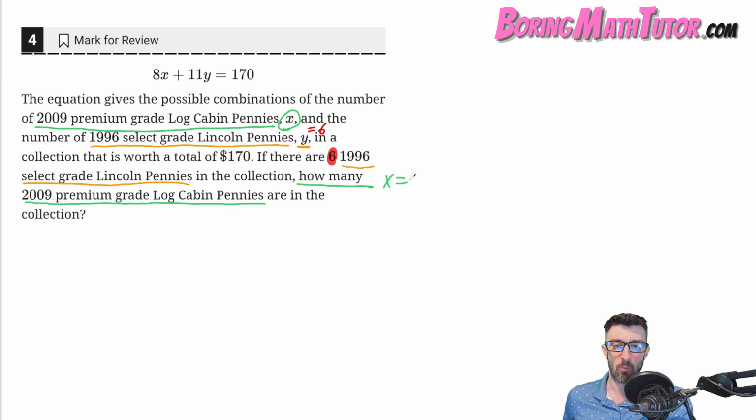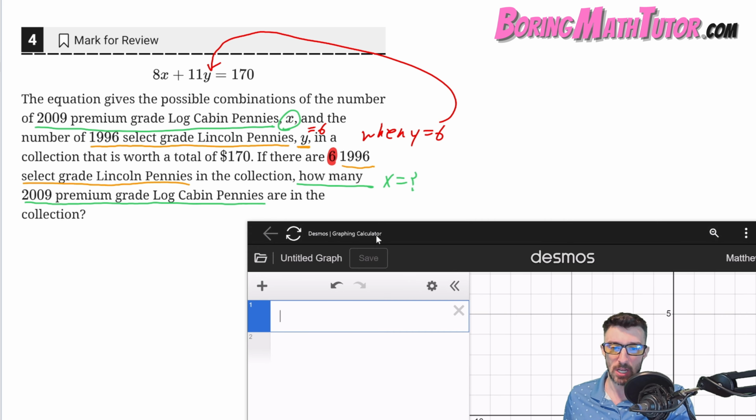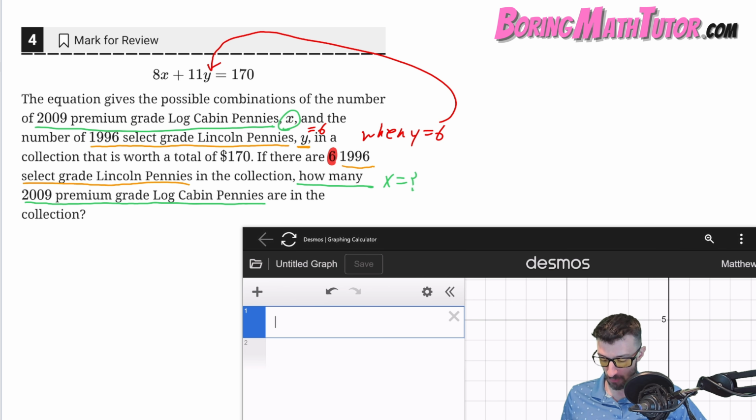So basically, what is X when Y equals 6? So okay, just plug in the 6. Not too difficult. Now, sometimes it's a good idea to go to decimals even when you don't need it, just so you don't make a mistake in the calculation.